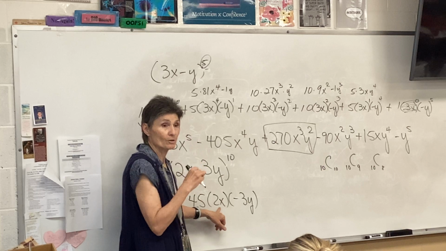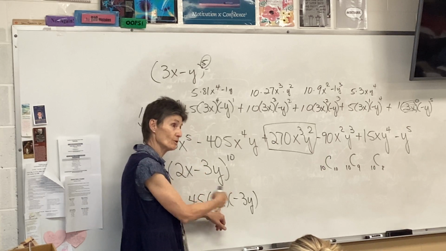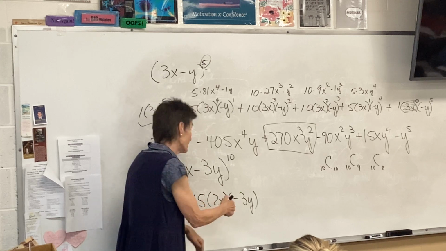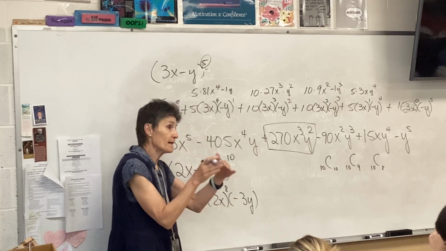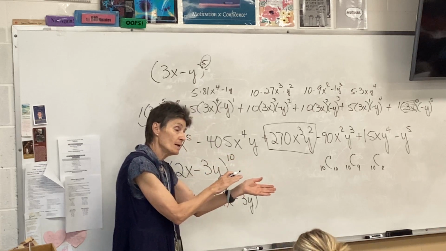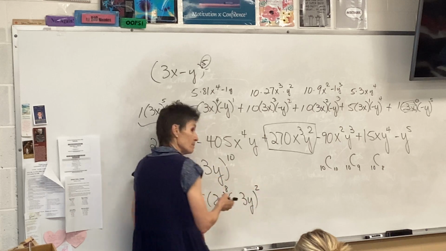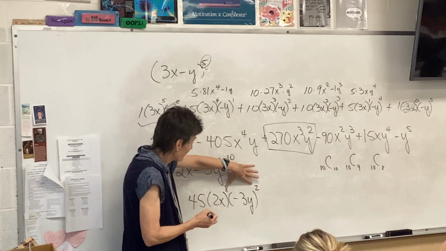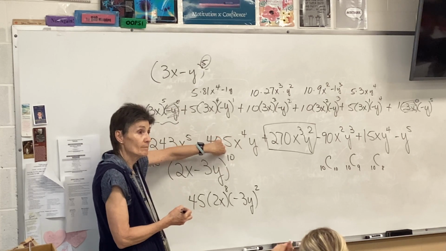In the second term, it would be 9. And in the third term, the one I want, it is 8. No magic, I counted. And then, if that's an 8, this one's got to be a 2, because the powers have to add up to 10.